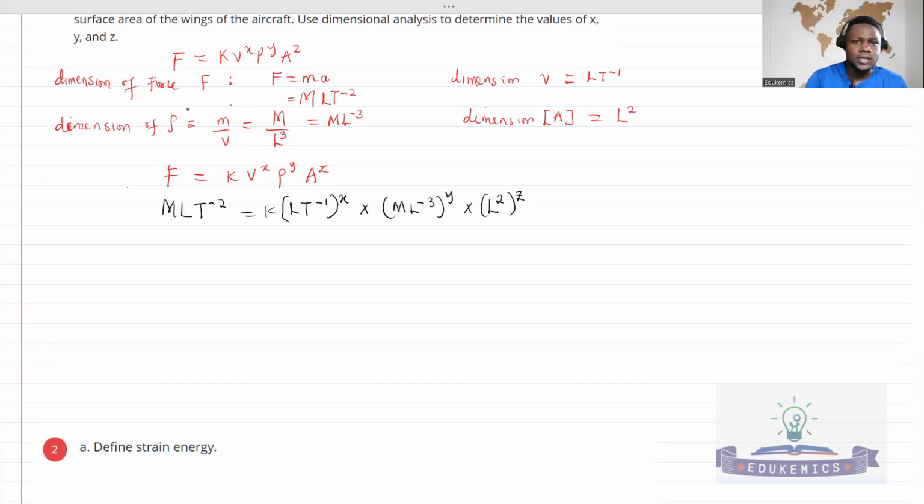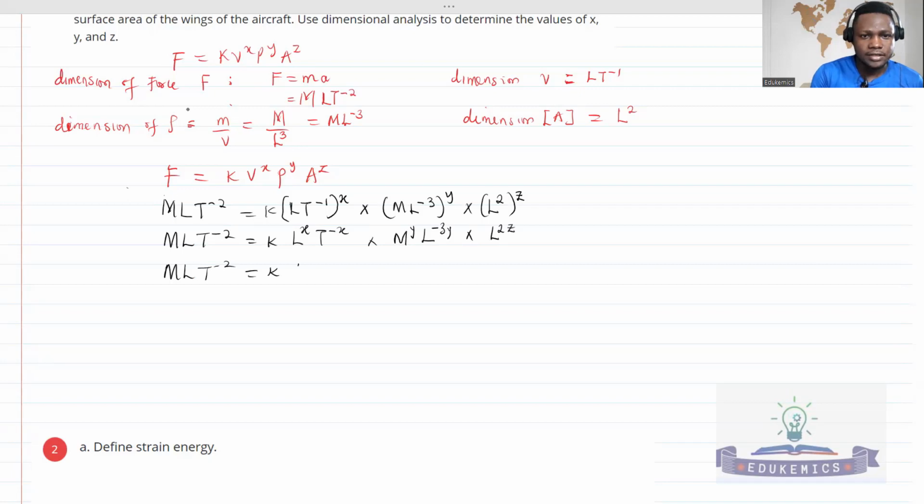Wonderful, so we're making progress. Let's expand what we have on our right-hand side. This X distributes itself: L to the X, T to the 1 times minus 1 times X, which is minus X. Then we have M raised to the power of Y, and L raised to the power of minus 3 times Y, which is minus 3Y. And then times L raised to the power of 2Z. Good. Let's collect like terms. Let's bring the L's together: L raised to the power of X times L raised to the power of minus 3Y times L raised to the power of 2Z.